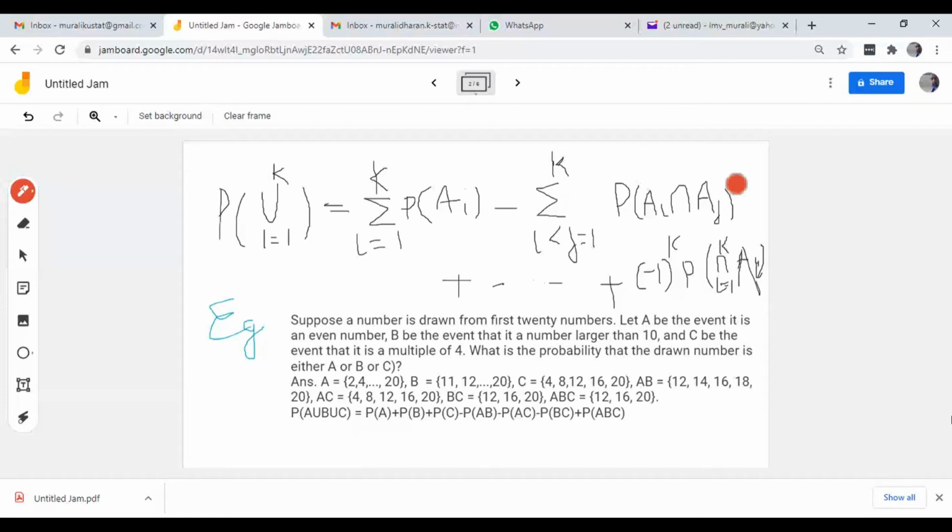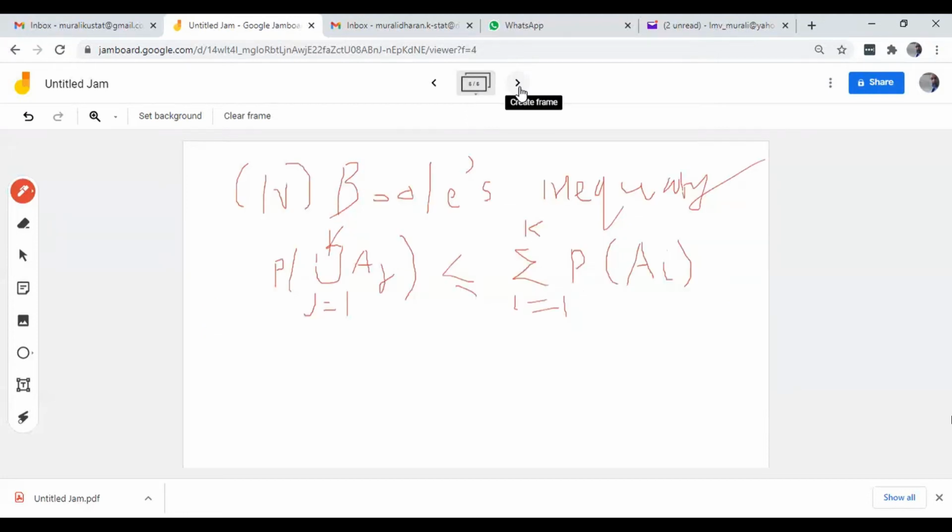If you consider only the sum, automatically the relationship becomes less than or equal to. That is why Boole gave this result, and hence it is named Boole's inequality.